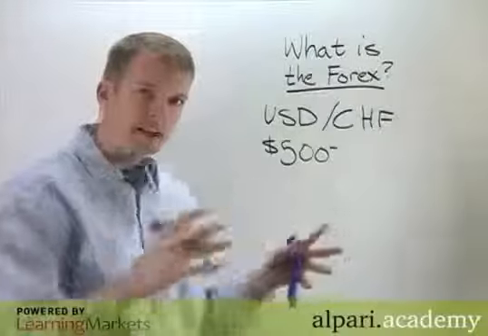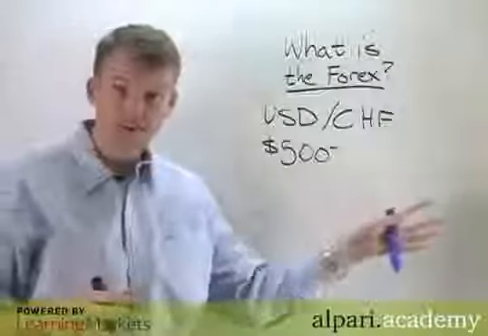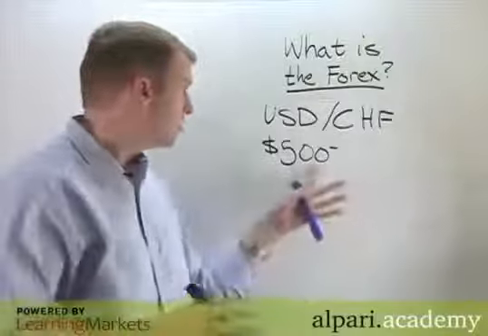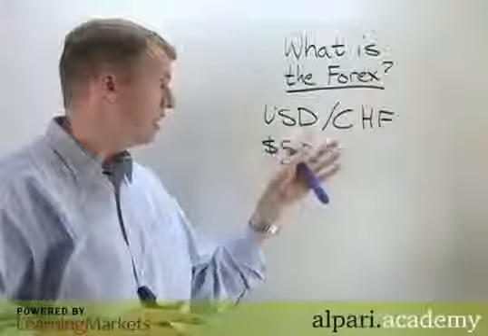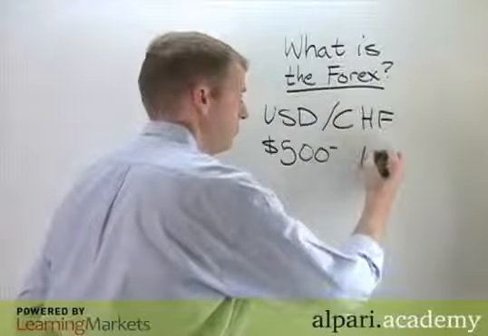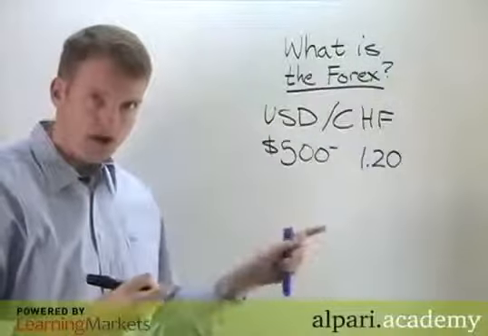So at what rate do you convert that over? It doesn't just convert 500 for 500 unless the exchange rate itself was 1 or equal. The exchange rate right now, for example, on the dollar to the franc is 1.20 francs per dollar.